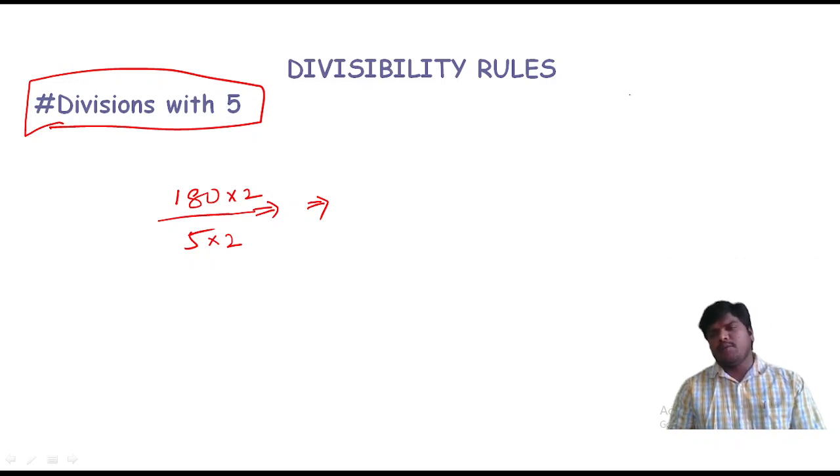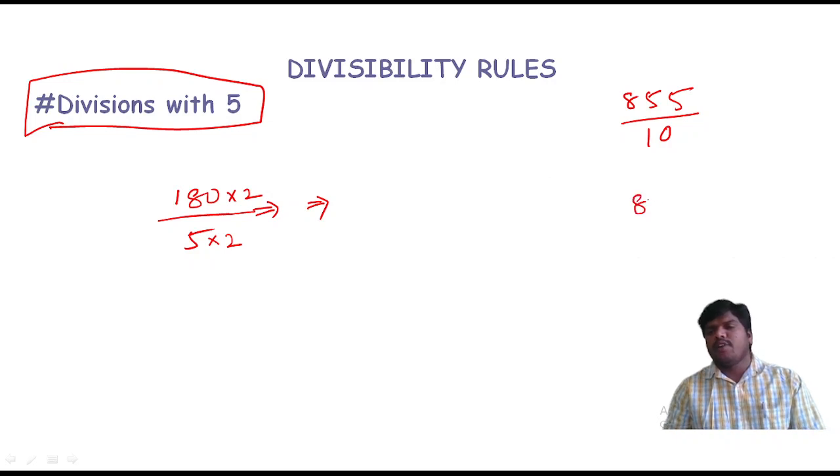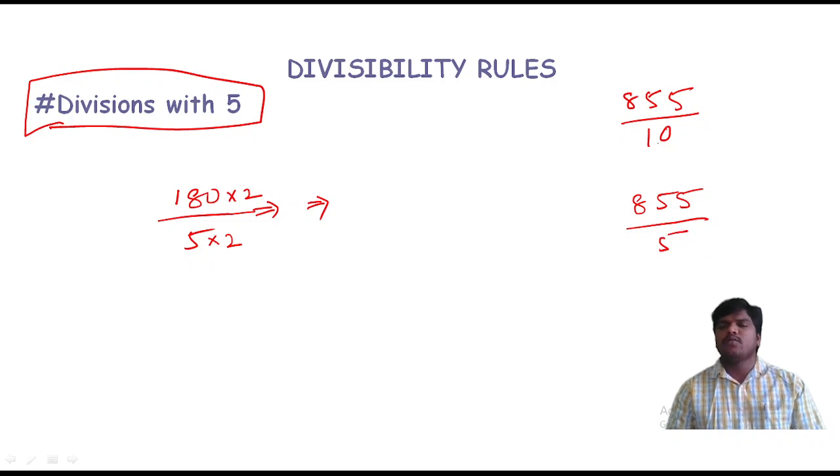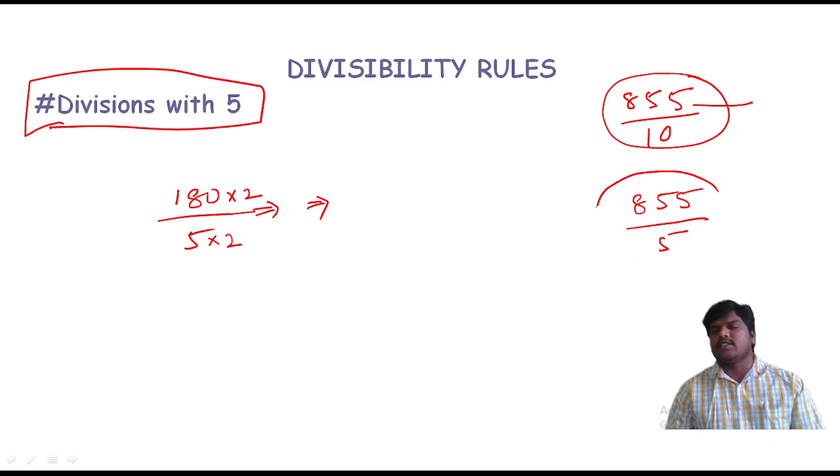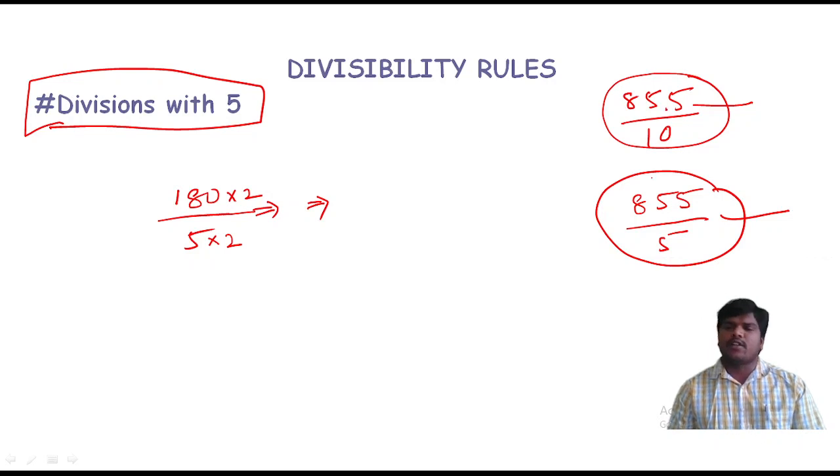Okay, tell me one thing. 855 divided by 10, what is the value? And what is the value of 855 divided by 5? You can quickly answer the first one rather than this. Why? Because the denominator is 10, simply put one decimal place here.